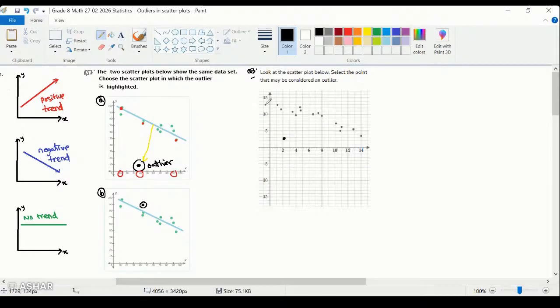So these were the points that were given to us. Agreed? So which point could be the outlier? This was a decreasing trend. Agreed? And we can say this point and this point are the outliers because this is the negative axis for x. Agreed?